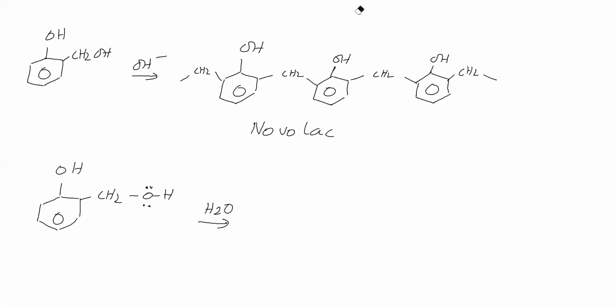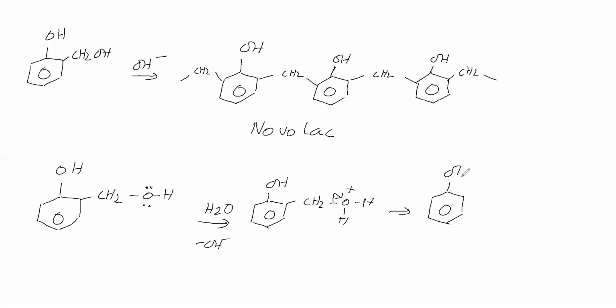So OH minus is leaving. So we will get this CH2OH2 plus. It takes H plus from water. Then this bond is shifting and it is leaving as water. So we are getting here CH2 plus.